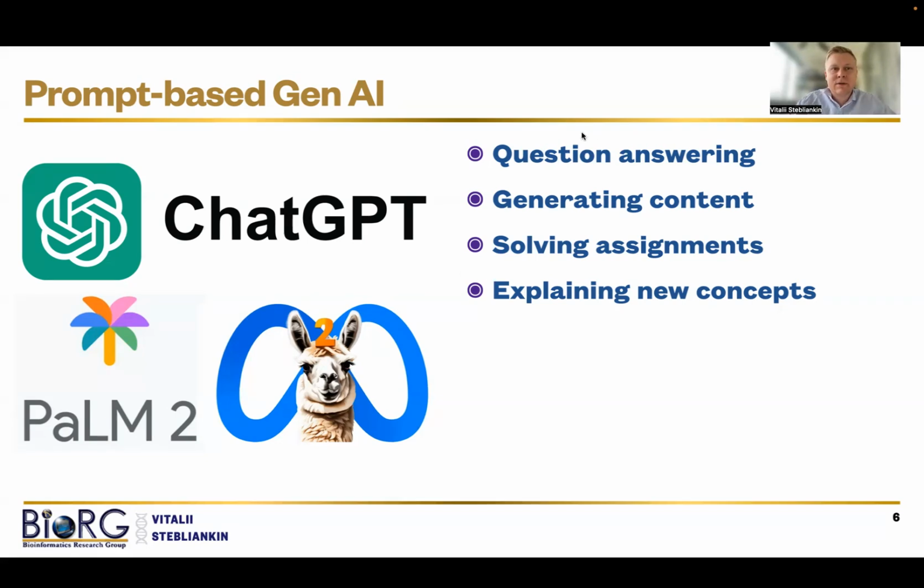It is also used in solving assignments for students. I don't think it's necessarily bad, right? It can be used for educational purposes. Let's say you're stuck with something and you want to know why. You can provide ChatGPT your assignment and say, hey, I'm stuck here, can you help me?